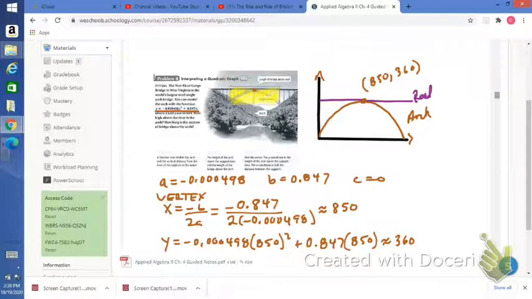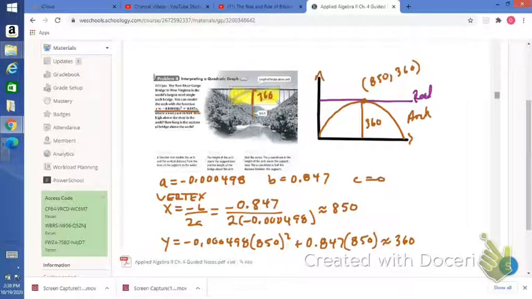So, the first thing we have to answer, how high above the river is the arch? So from here, this distance right here is 360 feet. But it asks how high above the river is the arch.